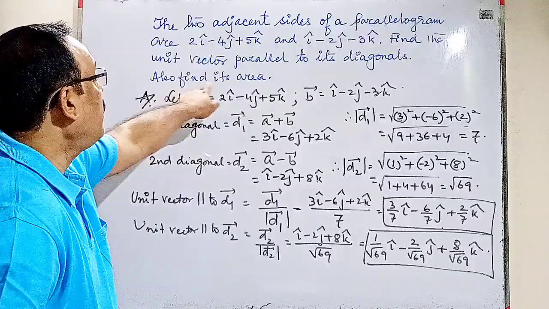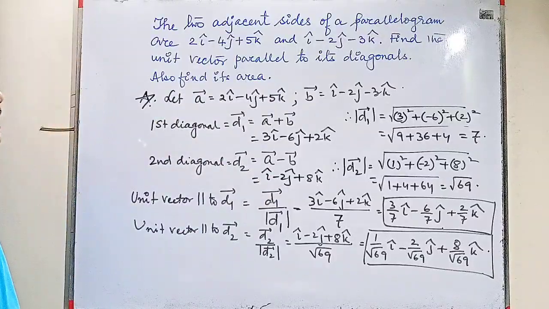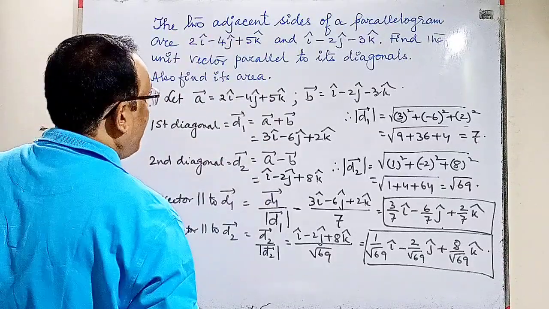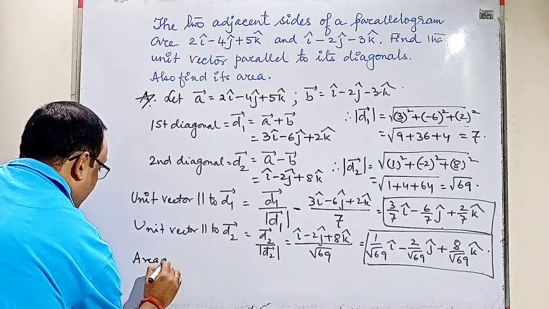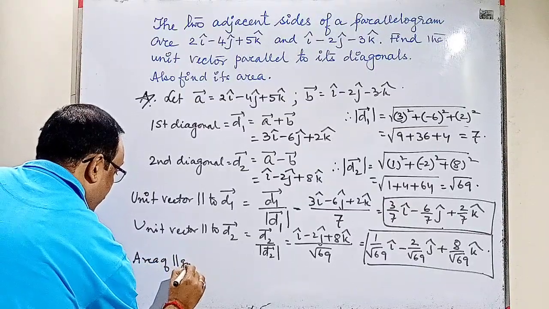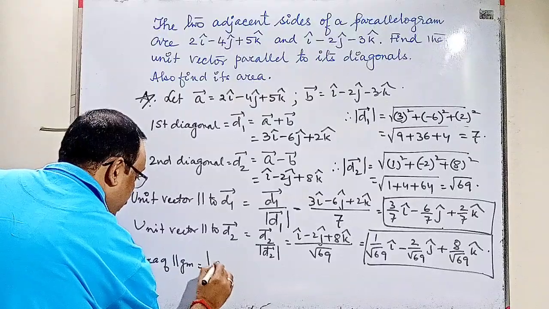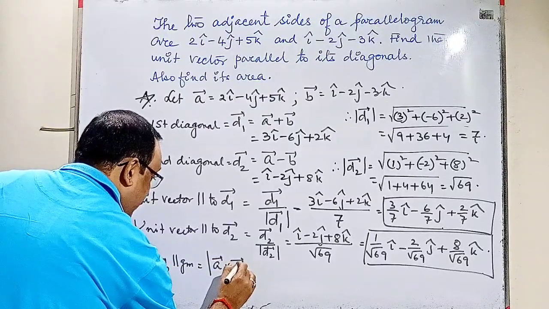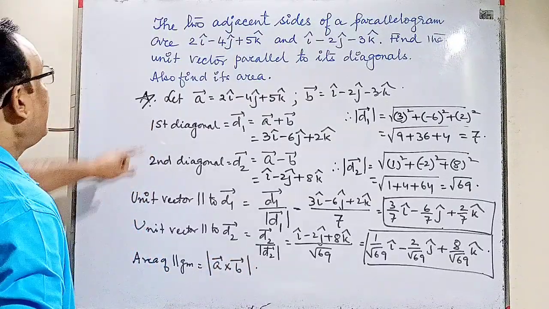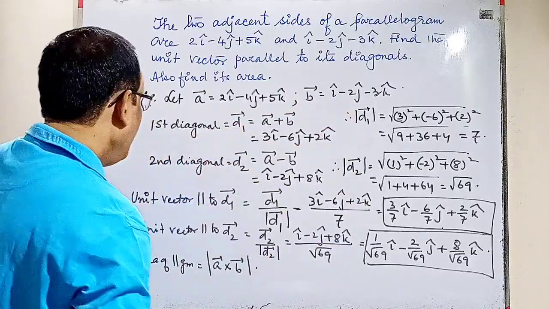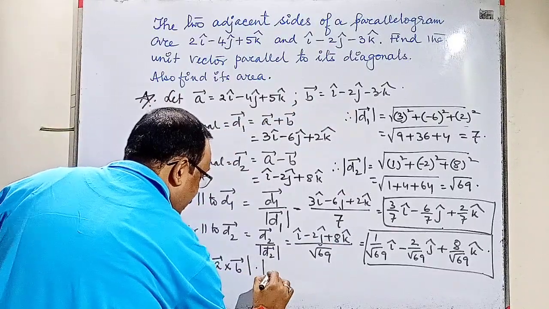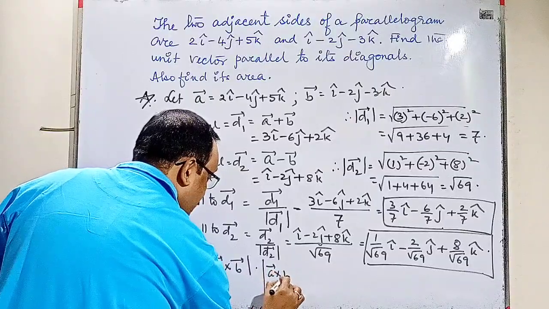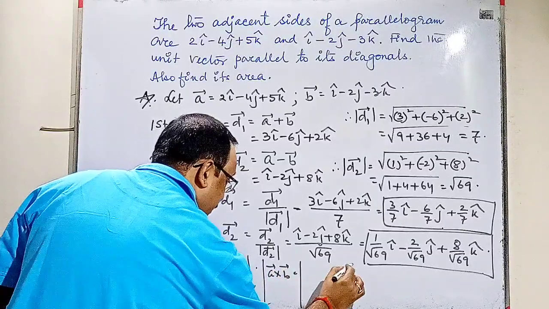Now they have also asked, also find the area. Since I know the adjacent sides of the parallelogram, the area of the parallelogram will be equal to the mod of vector A cross vector B. So vector A and vector B are given to me, so I'll find A cross B. That will give me a vector.